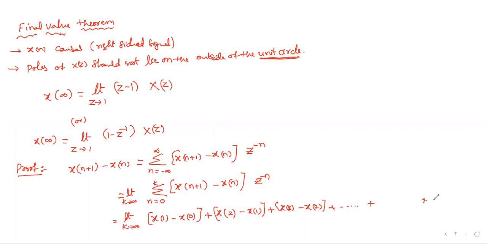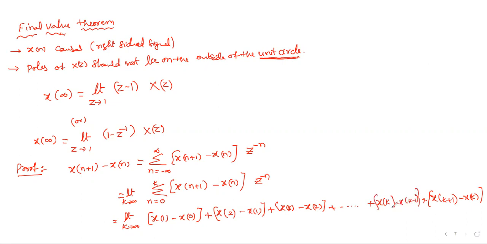What is the last value? K you substitute: x of k plus 1 minus x of k. What is the value before that? x of k minus 1, so x of k minus x of k minus 1.